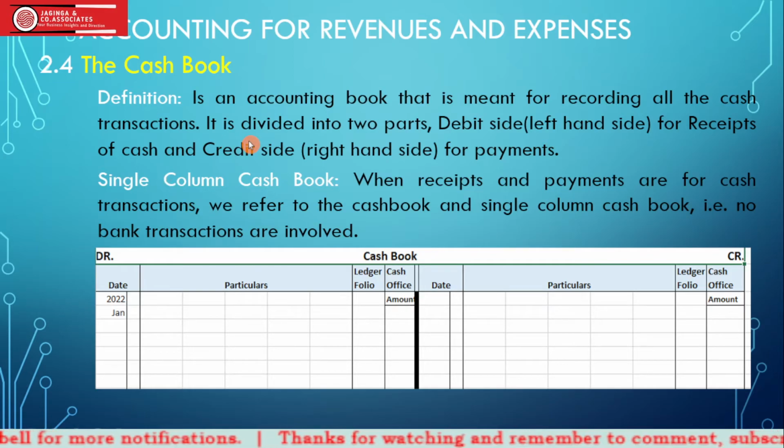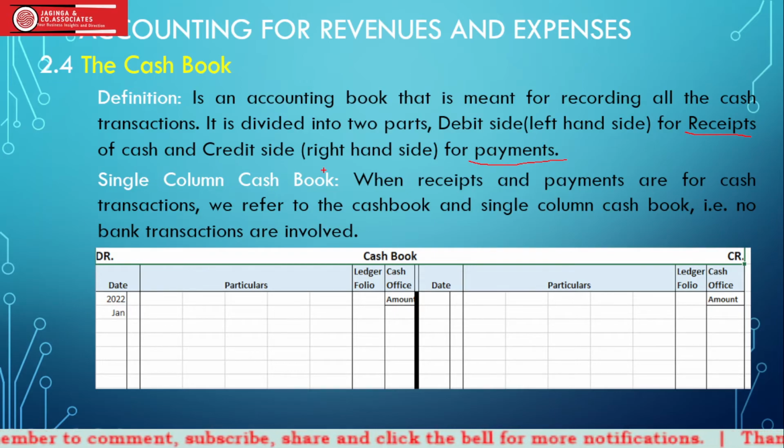So we are saying that the cash book is meant for recording all the cash transactions, and it is divided in two parts: debit side and credit side. So debit side is for receipts, and credit side is for payments.